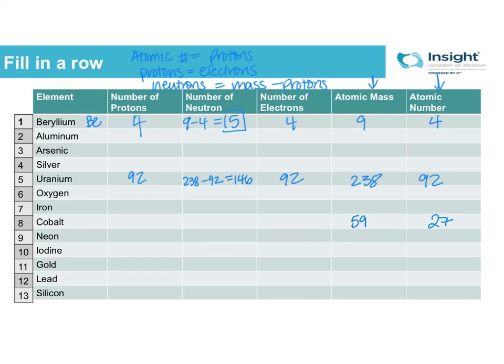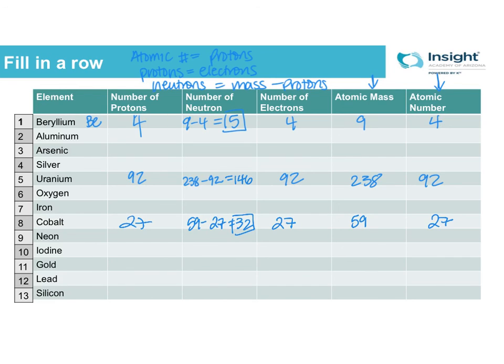Atomic number tells us our protons. Since we're dealing with neutral atoms, that also tells us our electrons. And our number of neutrons is going to be 59 minus 27, which is equal to 32.